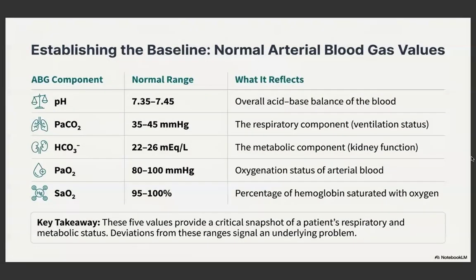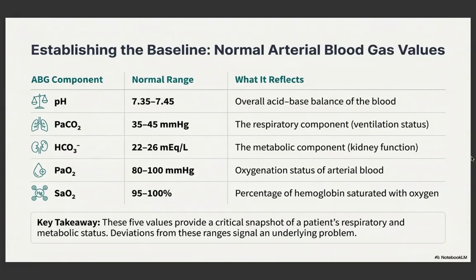So these are the normal ABG values. For pH, anything below 7.35 is going to be acidic. Anything above 7.45 is alkaline. For the PaCO2, anything above 45 is acidic. Anything below 35 is alkaline.